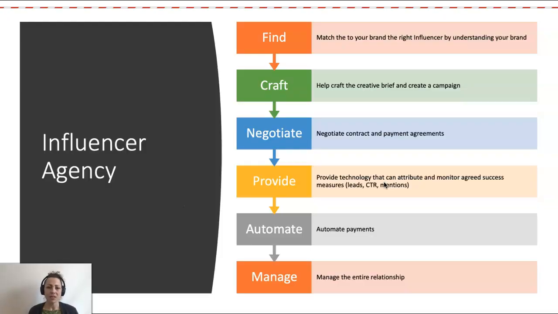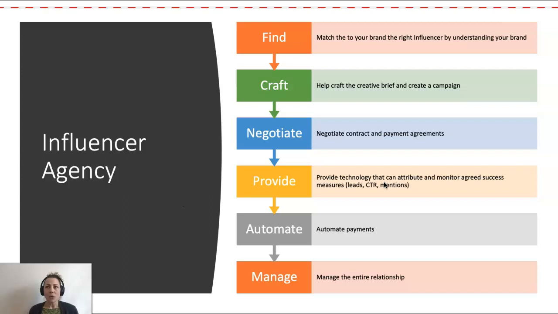So what sorts of services do influencer agencies provide? First of all, they will take the time to ask questions and listen carefully to deeply understand your brand. And by deeply understanding your brand, they can help to find and connect you to the right influencer. Secondly, they will help you to design campaigns and help you to craft a creative brief.